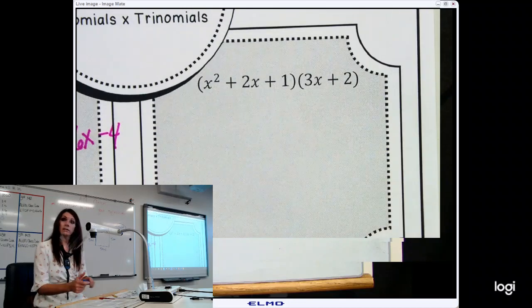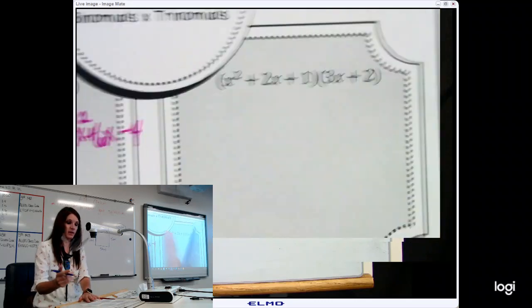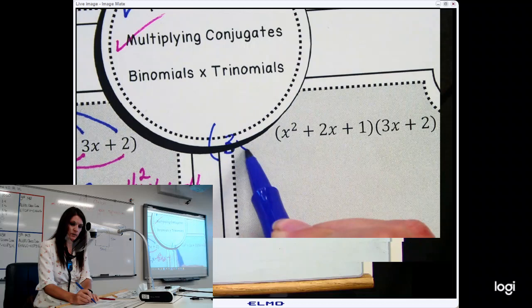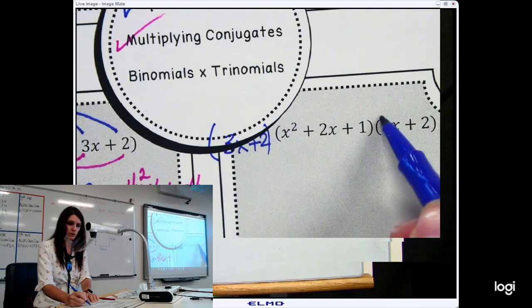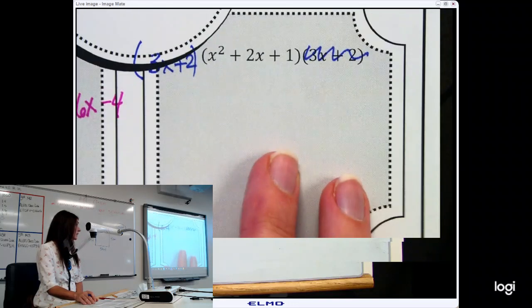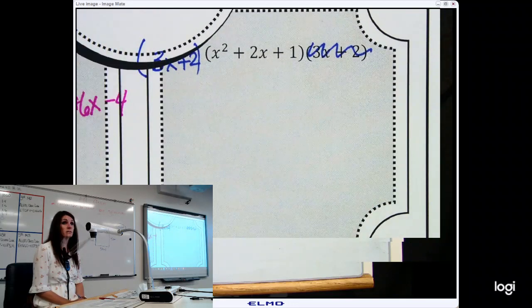So you're saying you distribute just backwards, and that's fine. If it does bother you, 3x plus 2, you can just write it in front. Okay, whatever makes sense to your brain is fine. I kind of like to have the short one in front. It's just me.